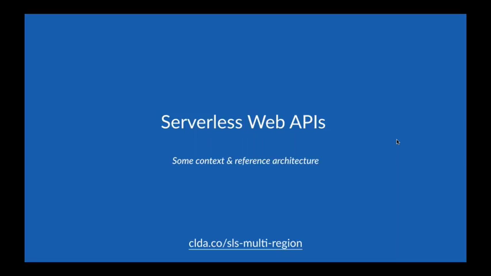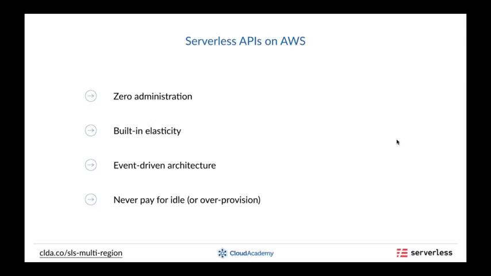Cool. So what do you think, Rupak? Why are web APIs such a great use case for serverless? Yeah. AWS Lambda and API Gateway, along with other services like DynamoDB and GraphQL, have changed the way we write web applications today. These are some of the tenets of serverless APIs. Top of the list is zero administration. Of course, you don't have to worry about maintaining or patching servers.